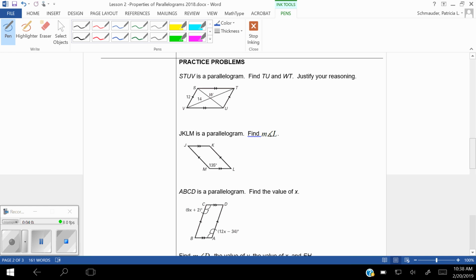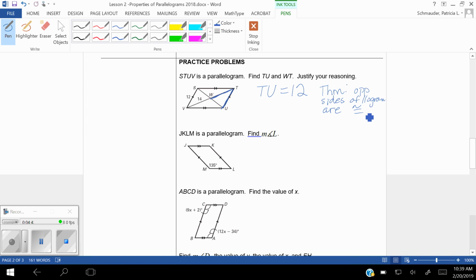Okay, so let's see what we got. STUV is a parallelogram. Find TU. So here's TU right over here. And WT. WT is right here. And it says justify your reasoning. Okay, well I know that TU is 12. And how do I know that? If this were a theorem, I would say my reason is theorem opposite sides of a parallelogram are congruent.